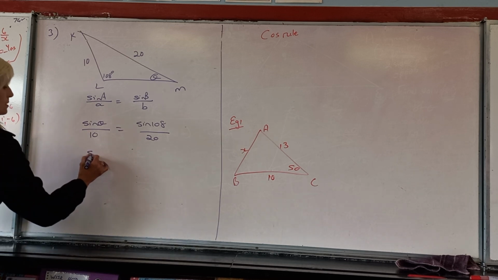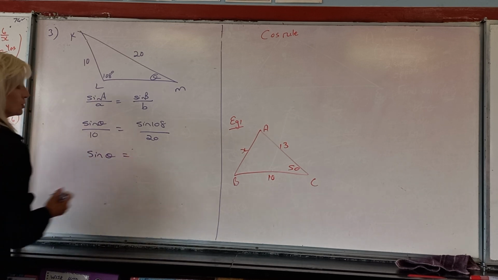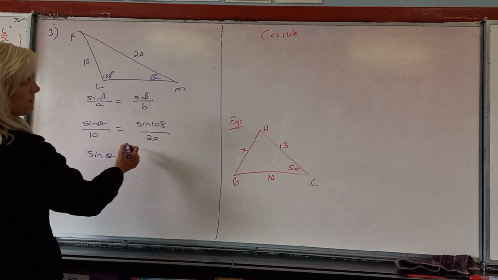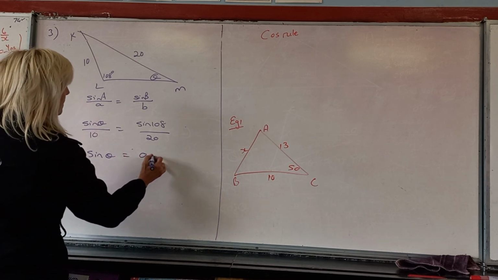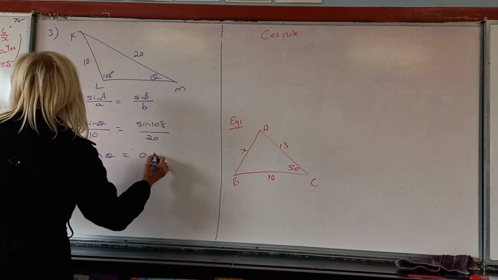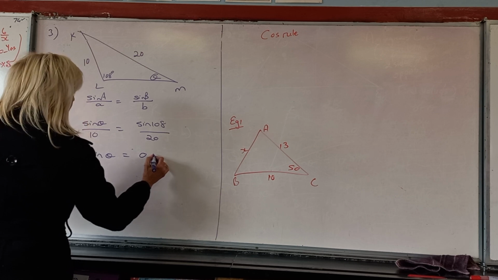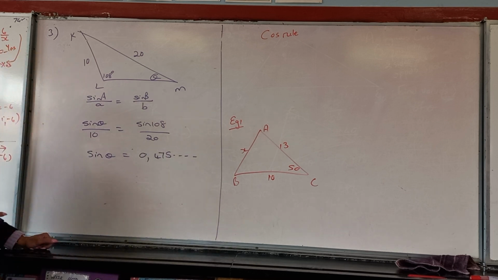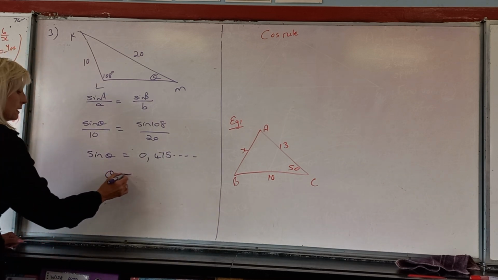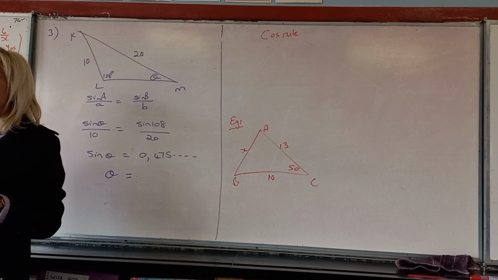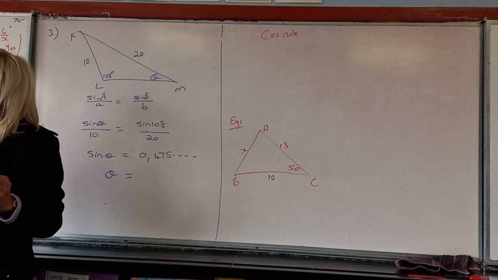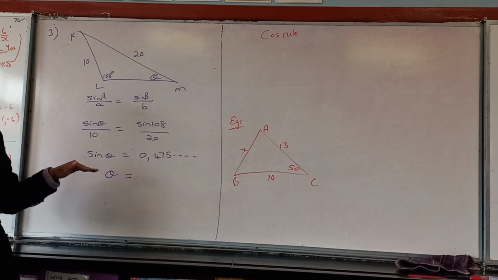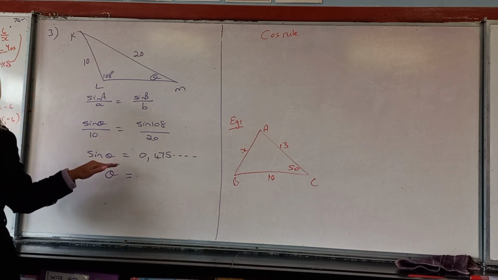So to answer the question, we would bring sin theta equal to 0.475. 0.475, is that right? Yes. Don't round off. So that theta, and again, should I do the little CAST? Which quadrants are there? No. Think about it, guys. When you do something, there should be a reason. If this was a normal CAST sum, it's type 1.